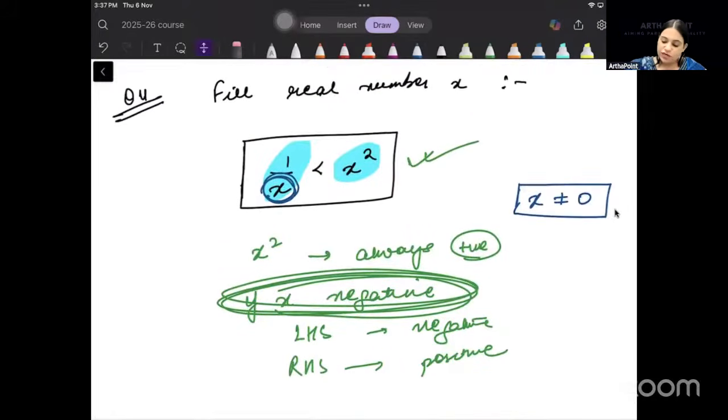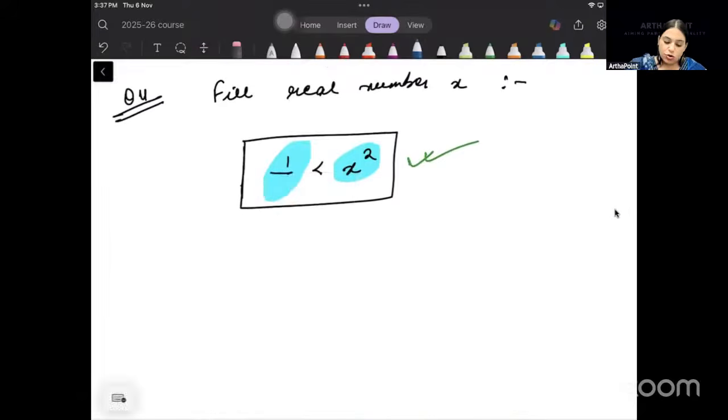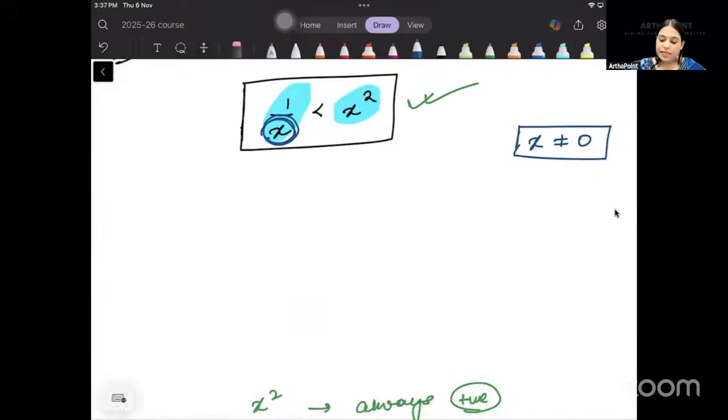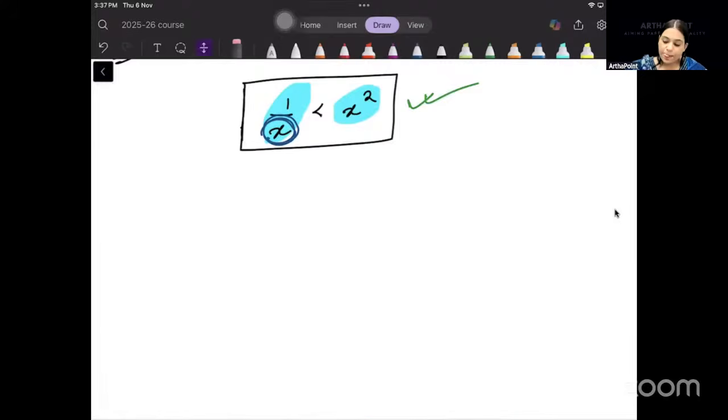Now look into it, beta. I can prove this further. In 1 by x, if I have to look into the positive values, for which positive values is this satisfied? I can go ahead and bring x square on this side and put it less than 0.